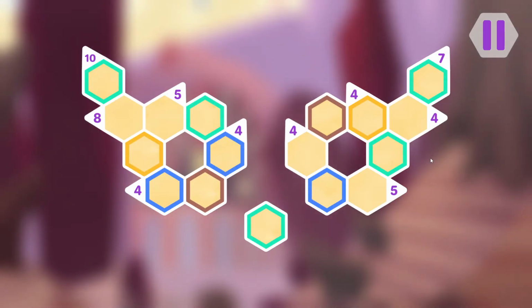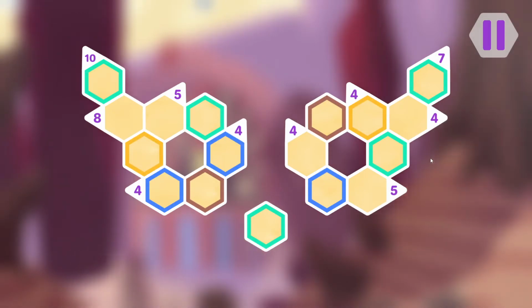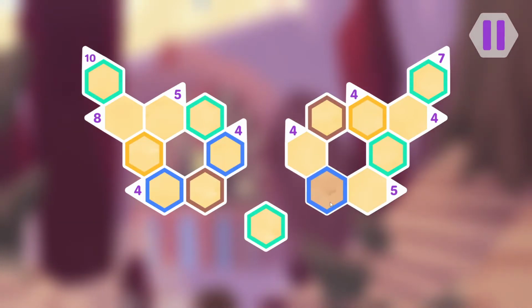Okay, this blue one, we have multiple of everything. Okay, blue one can't be 1. It just can't. So it's not 1 because of this 5. Let's see if it can be 3.